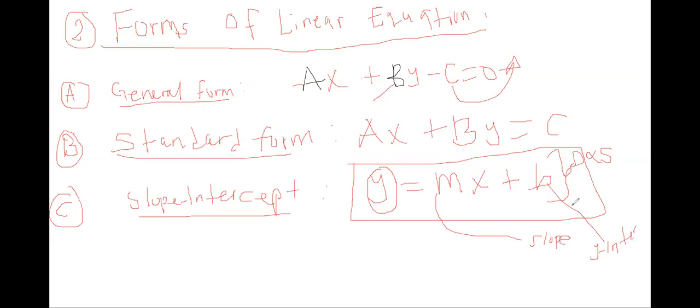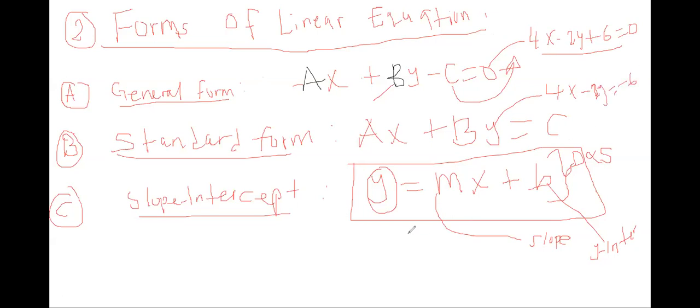But for now, let's know that we can express, for example, a good example is this. We can set 4x minus 2y plus 6 equals to 0. If you see a linear equation like this, it's in general form. Or we can express it in standard form as what? 4x minus 2y equals to minus 6.